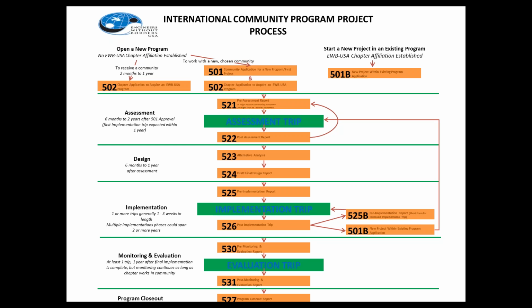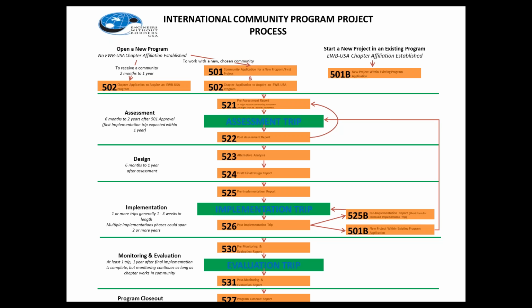And sometimes that takes one trip, and sometimes it takes multiple trips. After the assessment, we move into design. And again, this is a great opportunity for chapters to be getting input from their community on the design, to make sure that they're trying to solve the needs of the community.